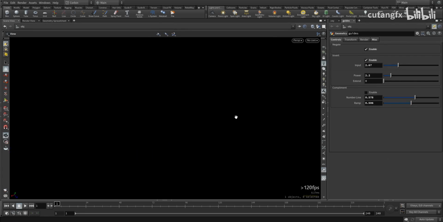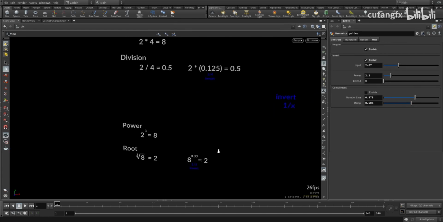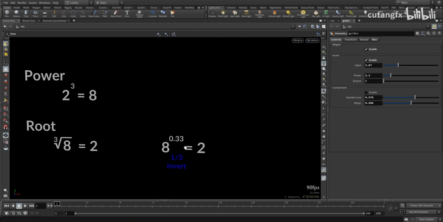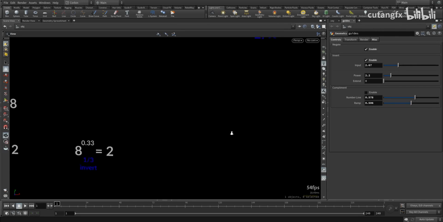That is what's happening over here, where we're inverting this number, and so it essentially is saying this is the root of, so the cube root of 8 is 2, by going 1 divided by 3, right?